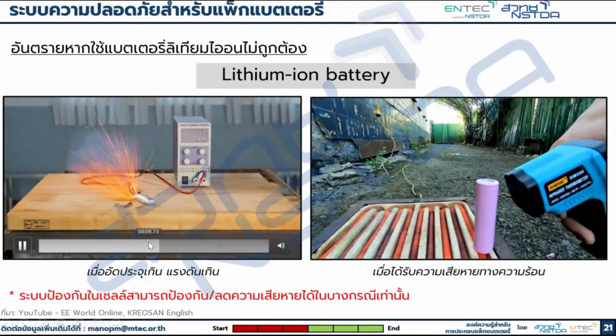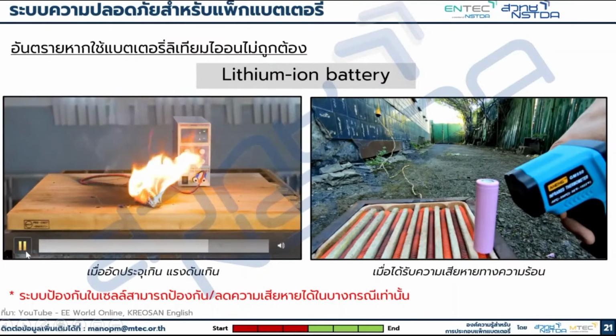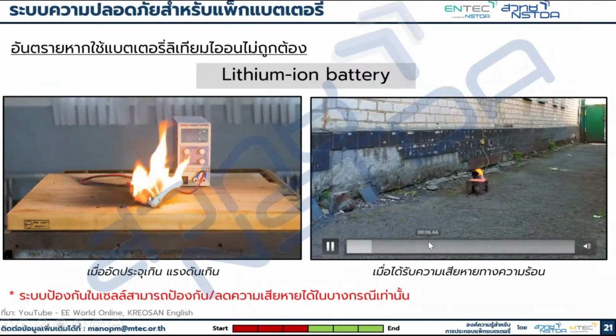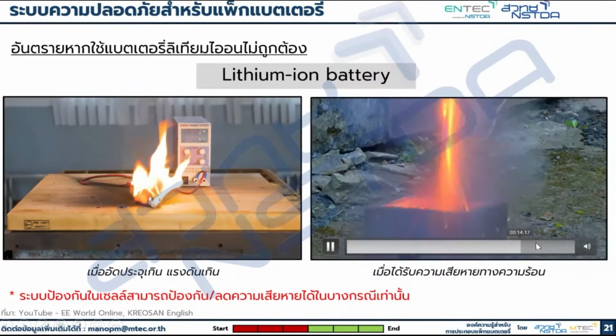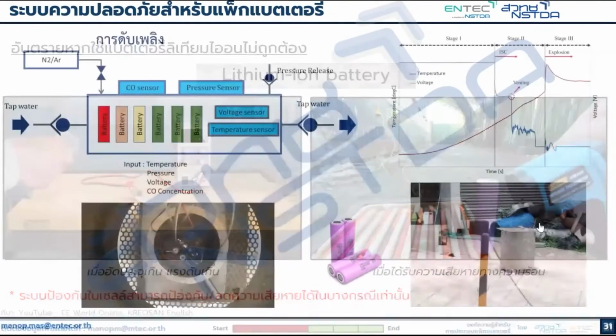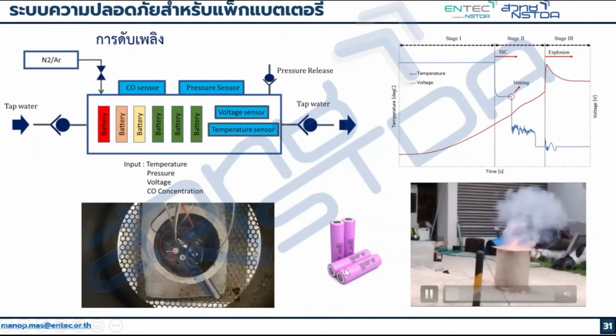First of all, is the heat, or when the temperature is quite high, that will explode and causes the battery to burn quite easily. So how do we go about trying to prevent this problem from happening? If you look at the video here, it's the explosion of the battery.